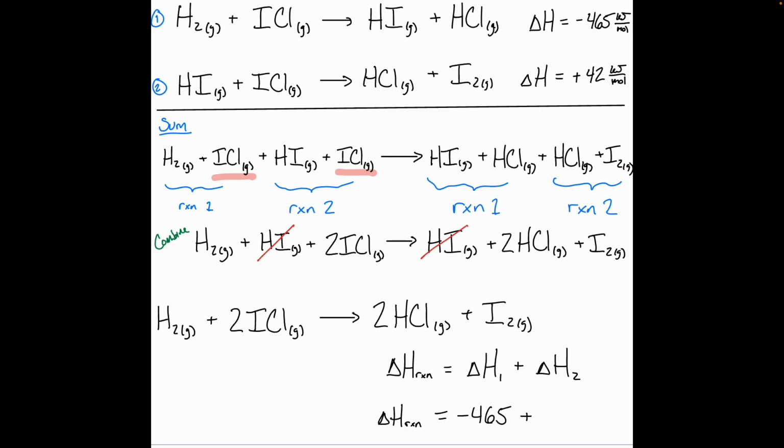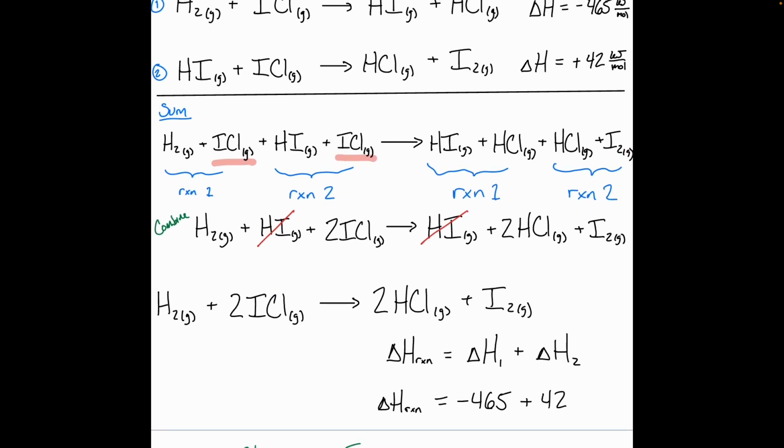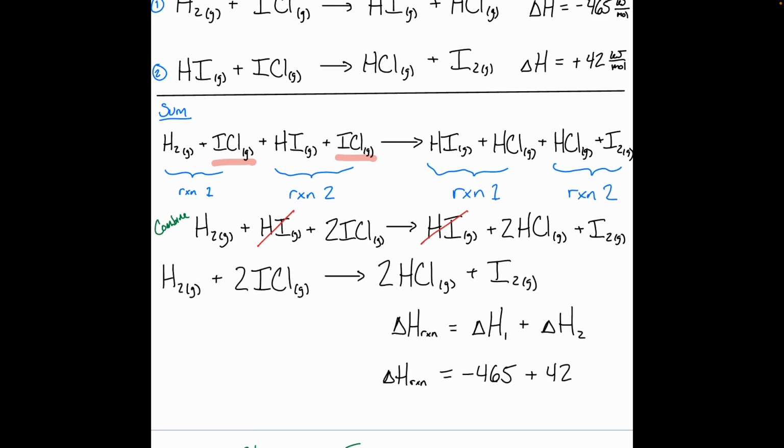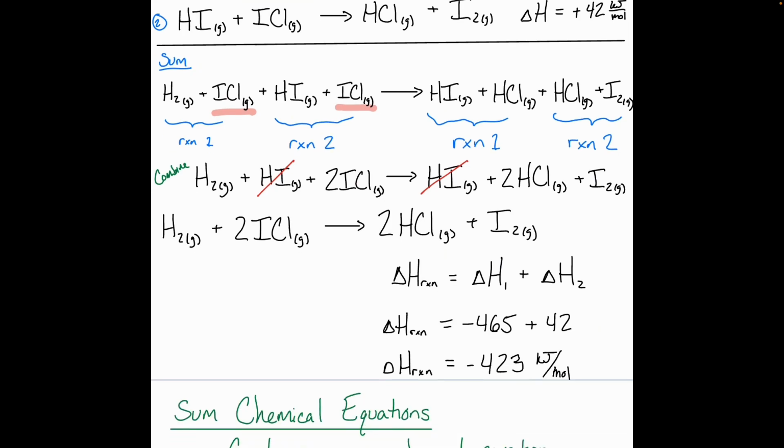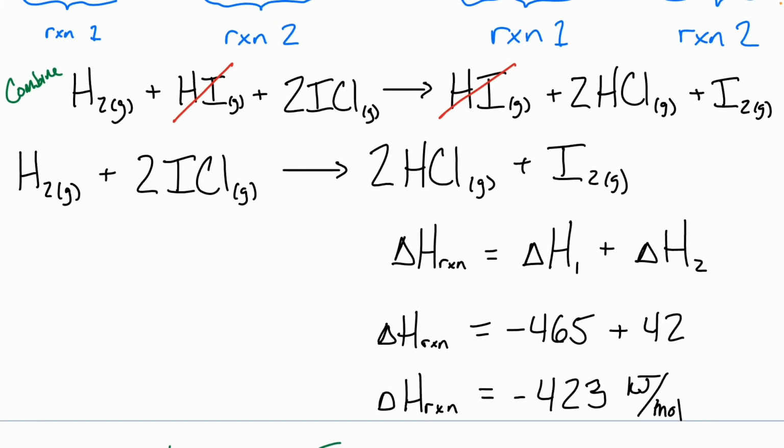And then I'm going to add 42. What is that? 23, negative 423. So my overall reaction, my unknown reaction, I can calculate that enthalpy value by summing up those two knowns.